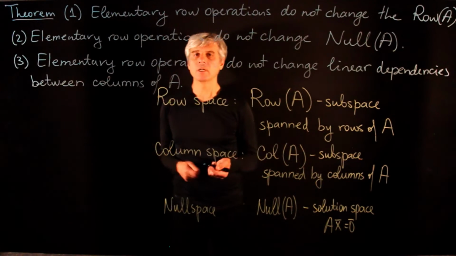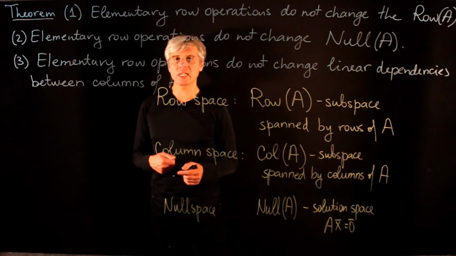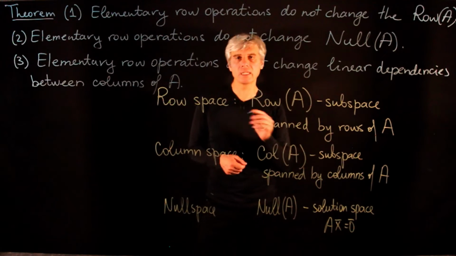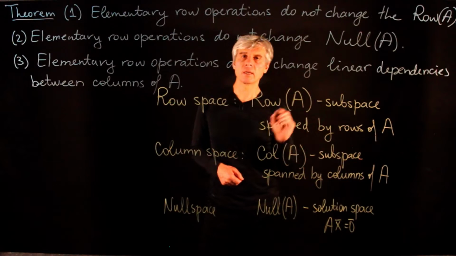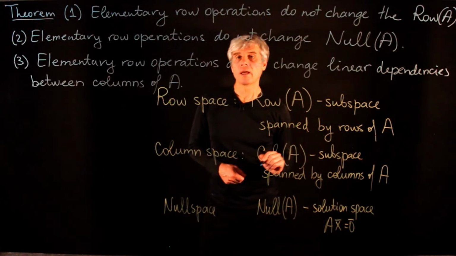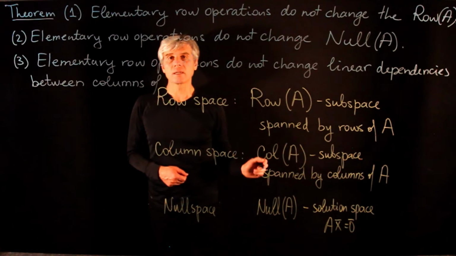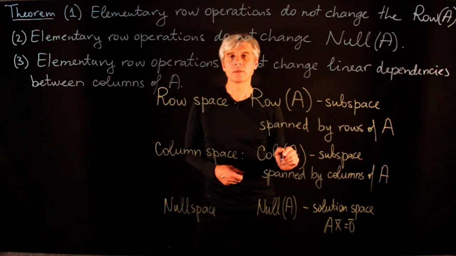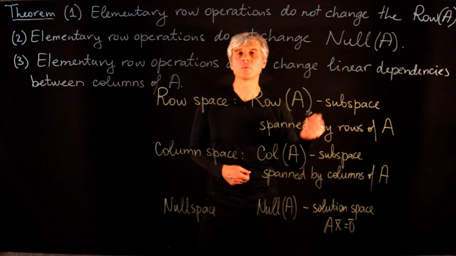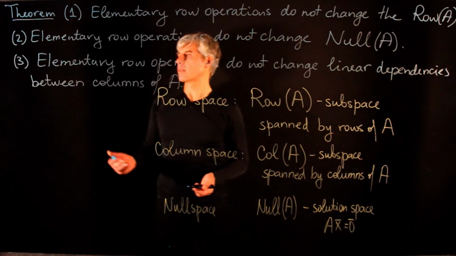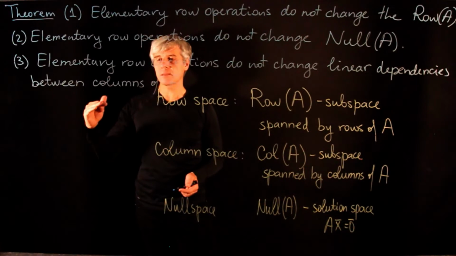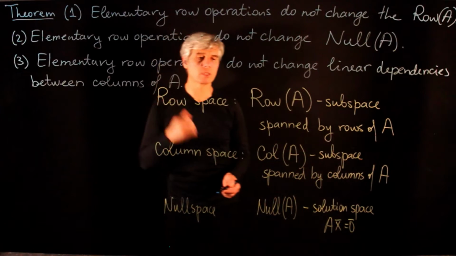And if we have a set of columns which is linearly dependent, and we can write down a non-trivial linear combination of these columns that is equal to 0, then in the new matrix, the same linear combination of the same columns, or of new columns, will be 0. So this means that the column space may change, but linear dependencies between columns do not.